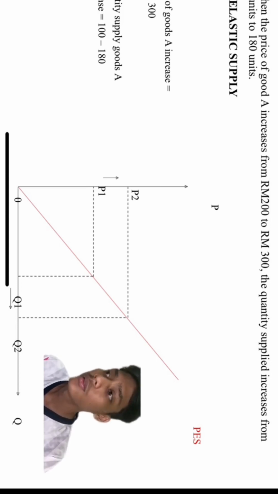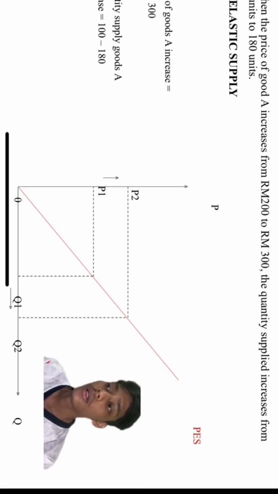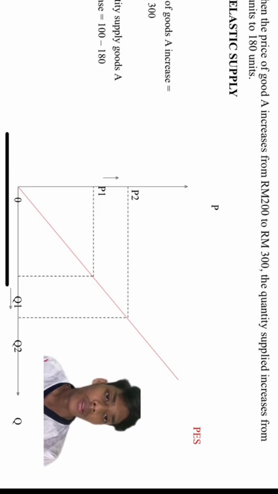The price of good A increased from 200 to 300, and the quantity supplied of good A increased from 100 to 180 units. We can see at the graph, P1 is RM200 and P2 is RM300.